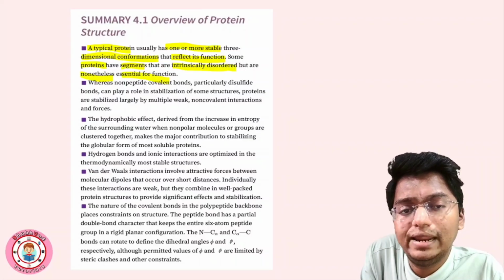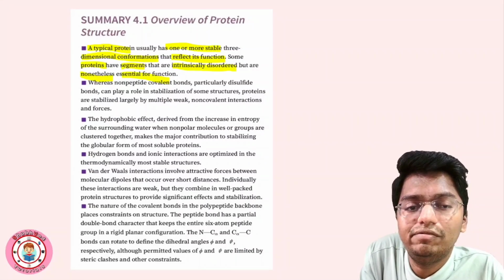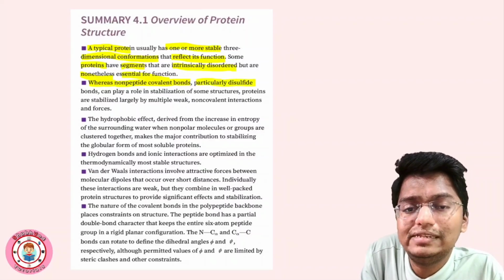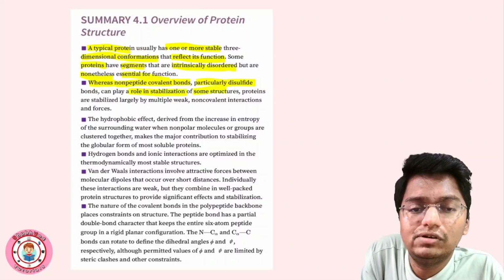Meaning there is disorder in the structure, yet it is essential for function, right? Whereas non-peptide covalent bonds means not a peptide bond, but a covalent bond, particularly the disulfide bond. See, a disulfide bond is formed between cysteines, right? It can play a role in stabilization of some structures. Okay, the disulfide bond has a role in stabilization.